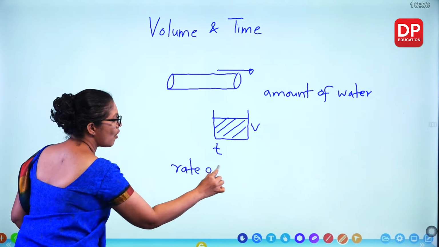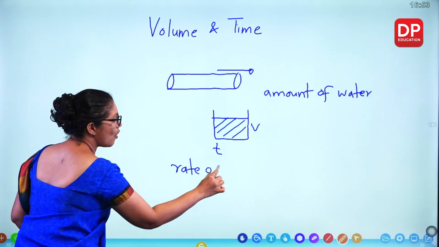Look at example number 1. The time taken for 30 liters of petrol to be pumped into a car through a pump at a certain petrol shed was 60 seconds. So 30 liters within 60 seconds. Find the rate at which petrol flows out of the pump. So rate of the volume. So we can find out the rate as the amount of petrol, that's 30 liters within 60 seconds.